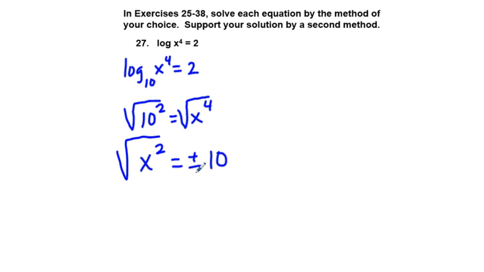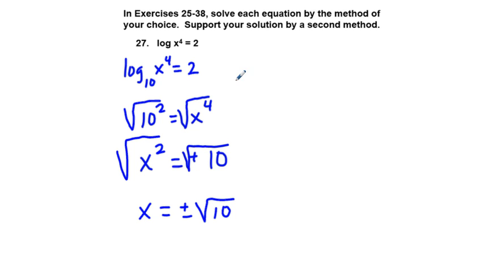We can't take the square root of the negative number, so I'm going to have to erase this negative, and we end up taking the square root of positive 10. So x is going to be equal to plus or minus the square root of 10.